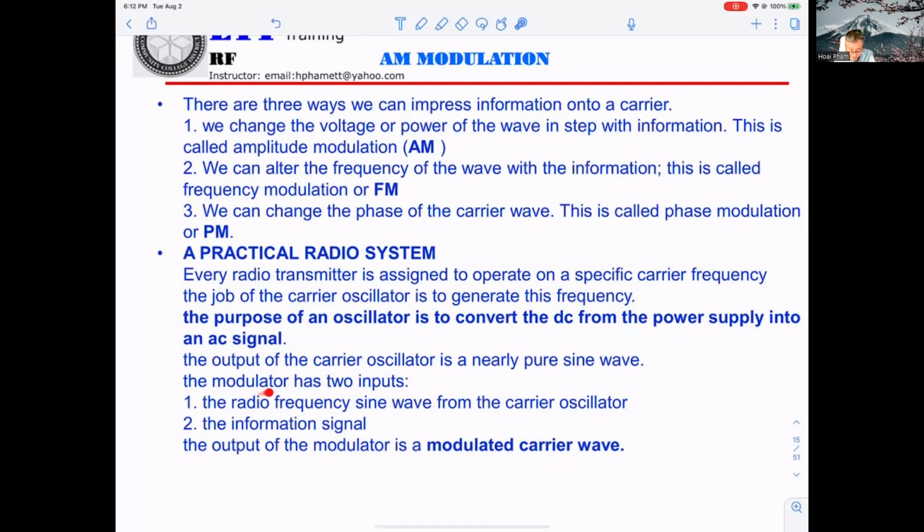The modulator has two inputs. First, the radio frequency sine wave from the carrier oscillator. And the second thing, the information signal. What is the information signal?